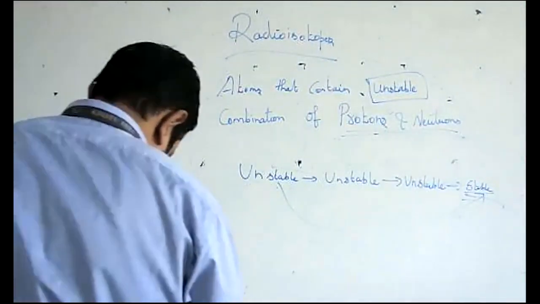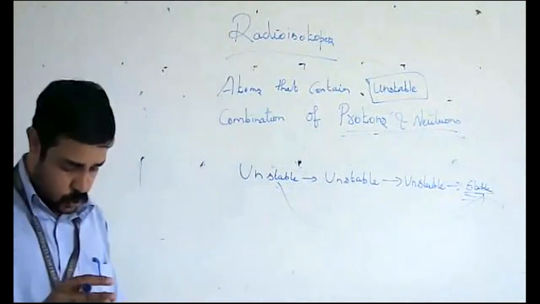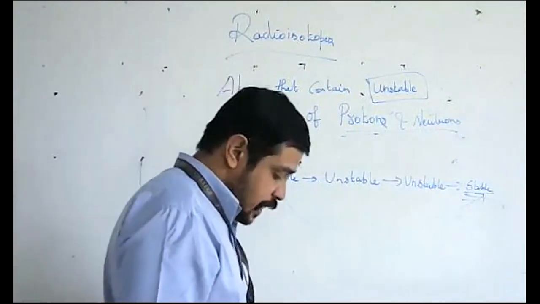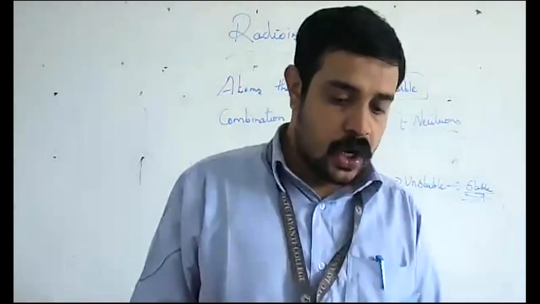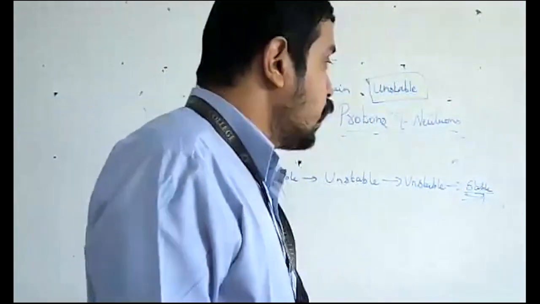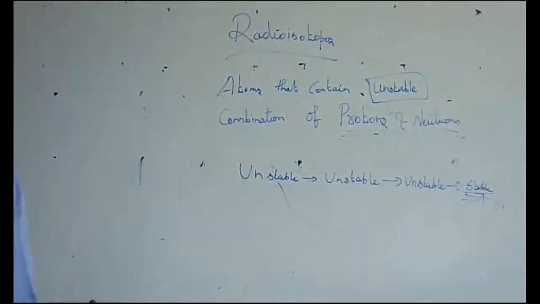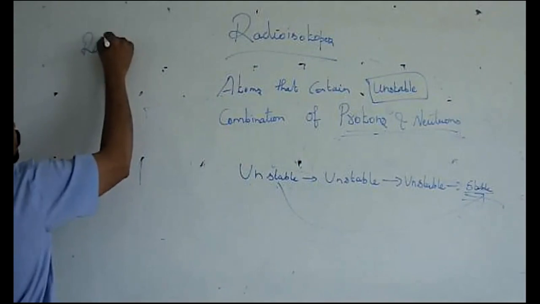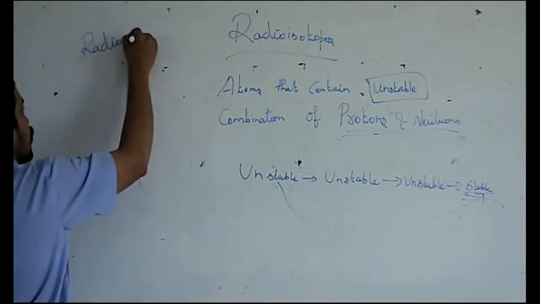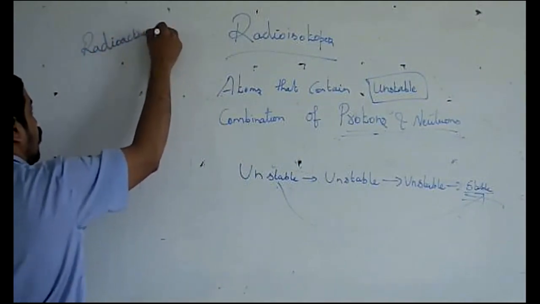So that is the radioisotopes definition. These are the atoms that contain an unstable combination of protons and neutrons. We call them radioisotopes. And we also have another term, radioactive decay.